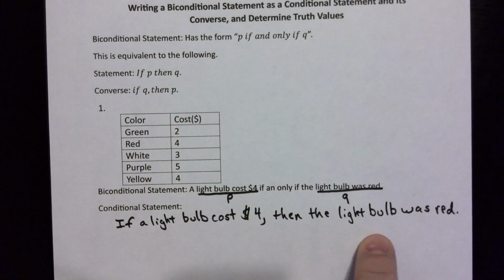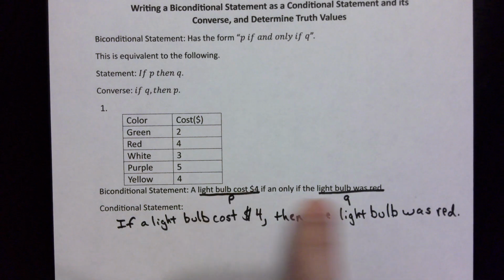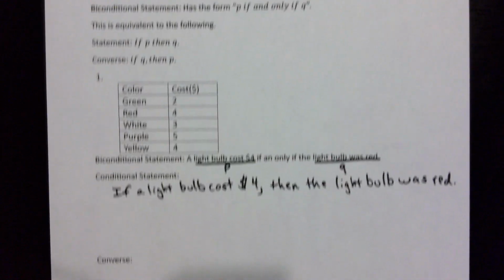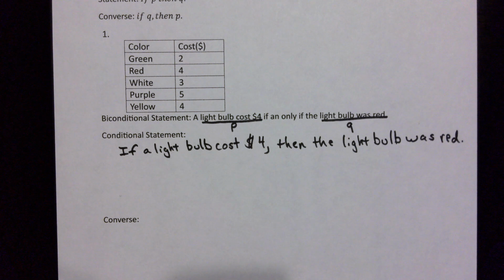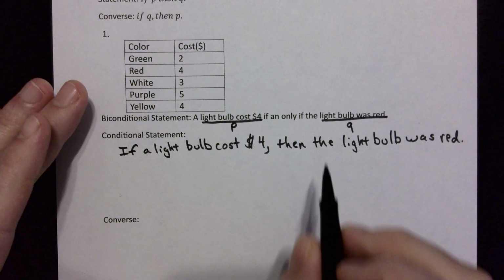So we wrote a conditional statement: if P, then Q. If this is true, then this is true. Now the converse of that is if Q, then P, so we switch the order.